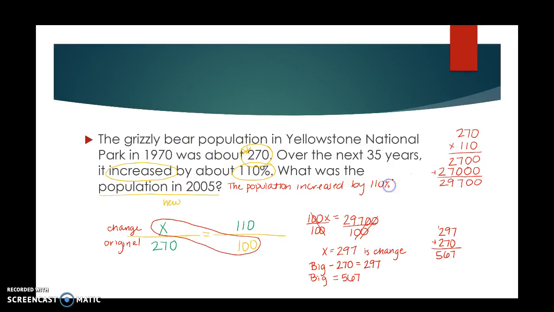So we know it more than doubled from 270 to 567 bears. All right. So this one, we had to solve our proportion, and in the past problems, that was our answer, but we had to take it a next step. So this is a multi-step problem.